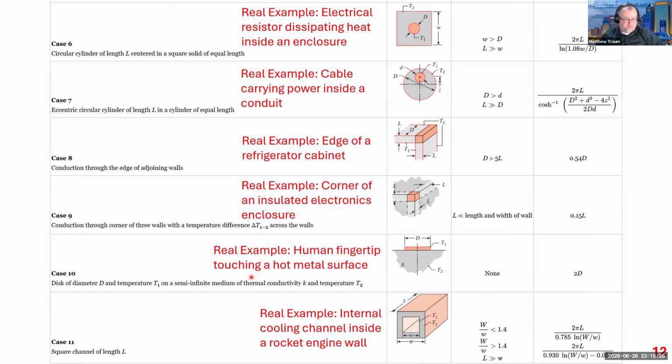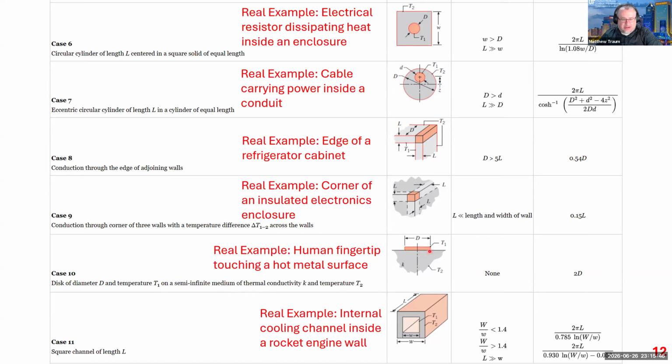Case number 10, this one I love. Disk diameter D on a semi-infinite medium of thermal conductivity K and temperature T2. Do not try this at home, kids, but imagine your finger pushing down on a hot surface, right?